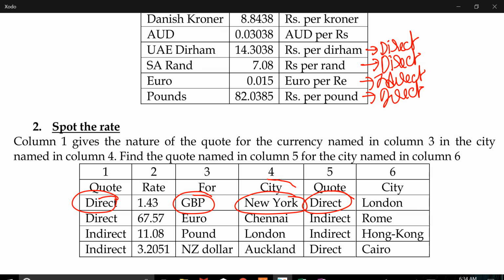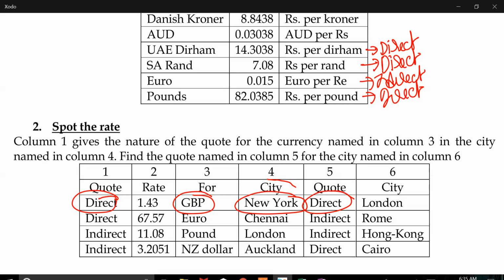It's a direct quote in Chennai, and hence the given quote is INR 67.57 per EUR, per Euro.